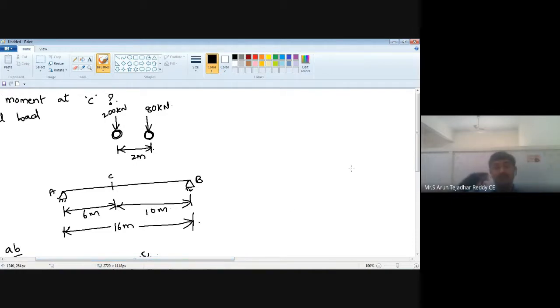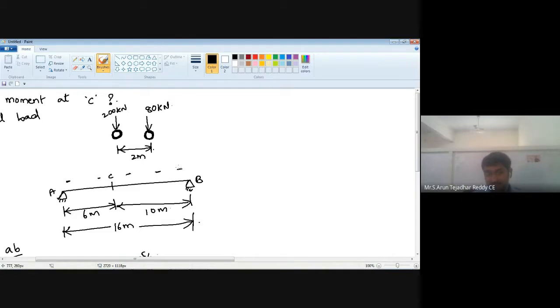But I am asking one question to you. See, where can I apply these wheel loads with a 2 meter distance? Can anyone tell me the answer? If it is on this side, or this side, in which place can I locate the position of the wheel loads?